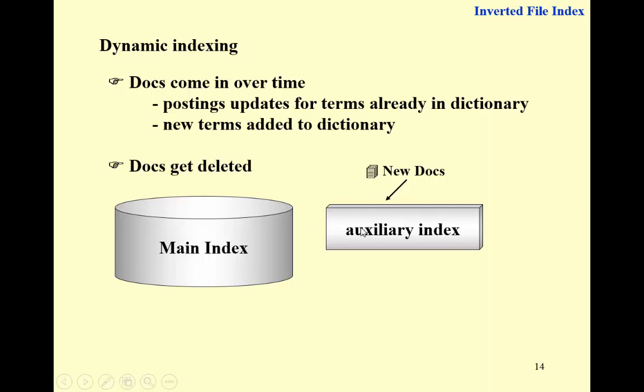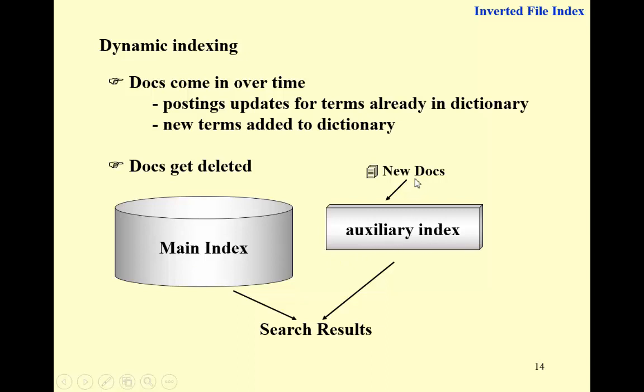We maintain all the new documents, or update all the posting lists, in this light index first. And when a user's query comes in, when a user asks you to find something, we have to search from both indices. This is the main index, which is large, and this is the auxiliary index, which is small.